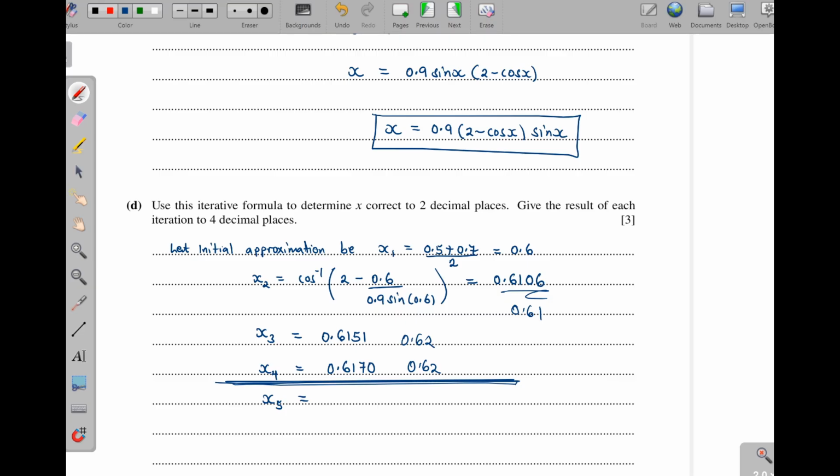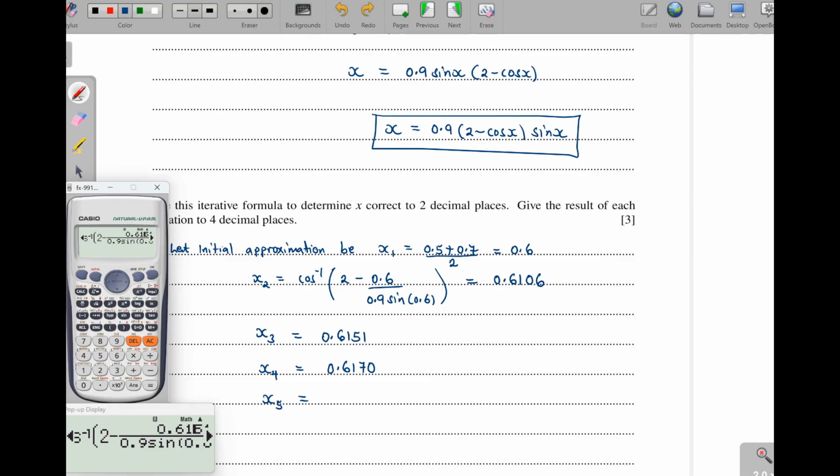Are we there? So we do one more to confirm, because you can do one more and still you get a value maybe 0.61. So that means now you have to continue. You see that? So let us do one more and we'll see whether it also gives us 0.62 correct to 2 decimal places. So I will come back to this one and put 0.6170.